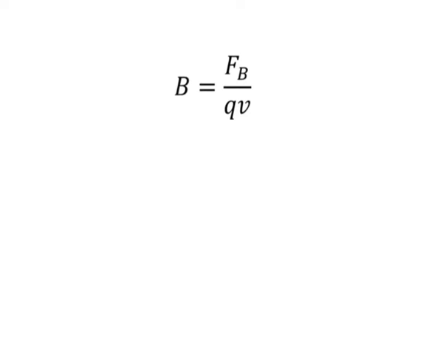We can next measure the magnitude of magnetic force when the particle's velocity is directed perpendicular to that axis, and then define the magnitude of magnetic field in terms of the force magnitude as B = F_B / (qv). Here q is the charge on the particle.